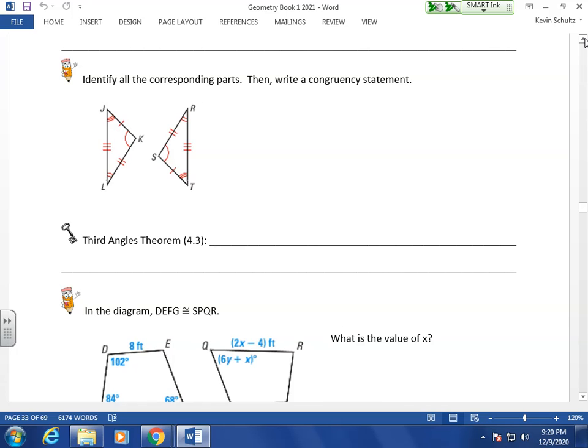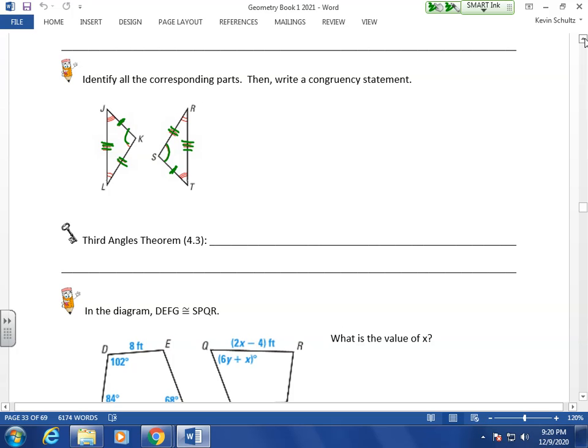So the two triangles that we have here are an example of congruent triangles, right? Because you've got essentially 6 parts here. You've got one side, a second side, a third side, right? So the 3 sides of one triangle are congruent to the corresponding sides of the other one. And then you've got 3 angles.